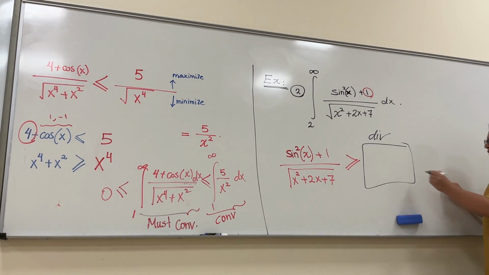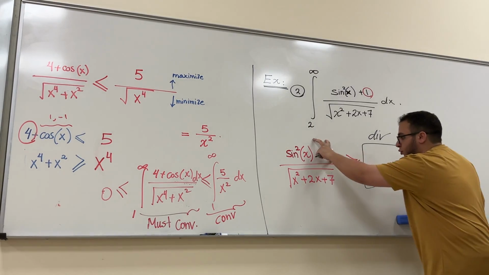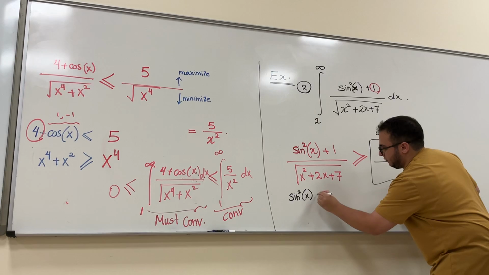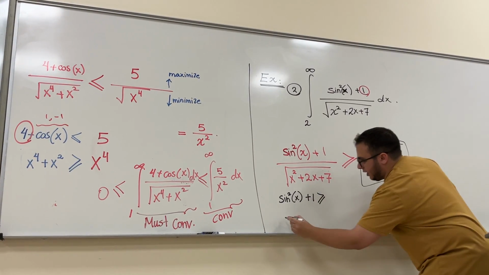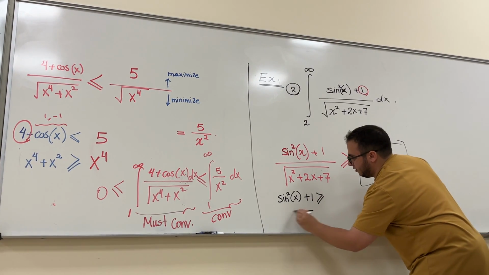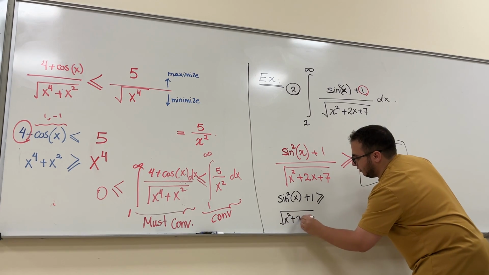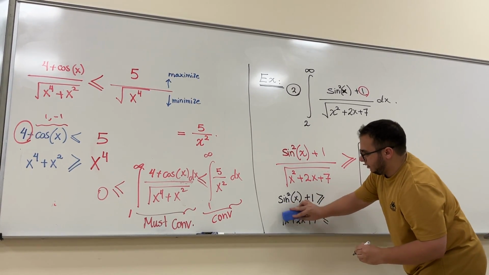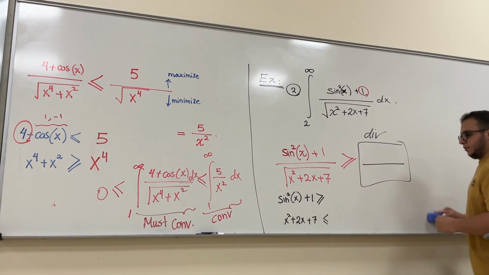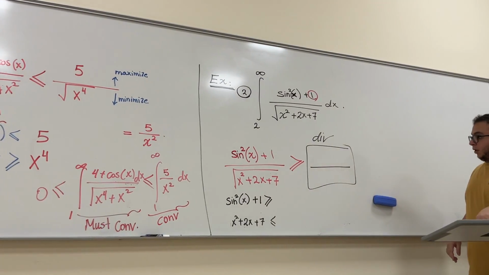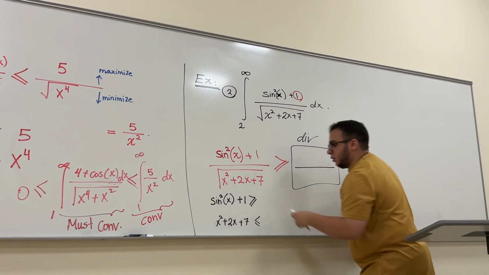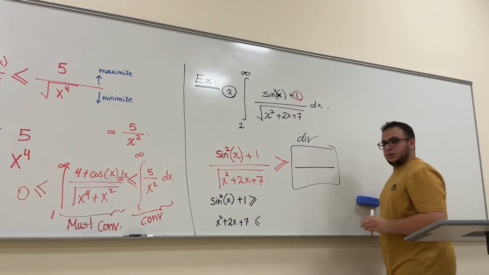So this is a fraction again. The numerator has to match the inequality sign, and the denominator has to flip the inequality sign. You can forget about the square root if you want and then put it back, if it confuses you. Give me something less than sine square x plus 1. 0?